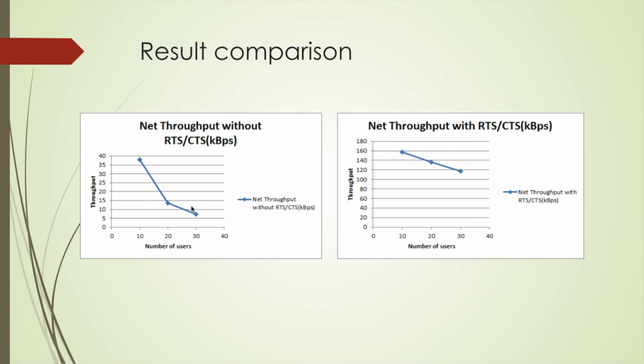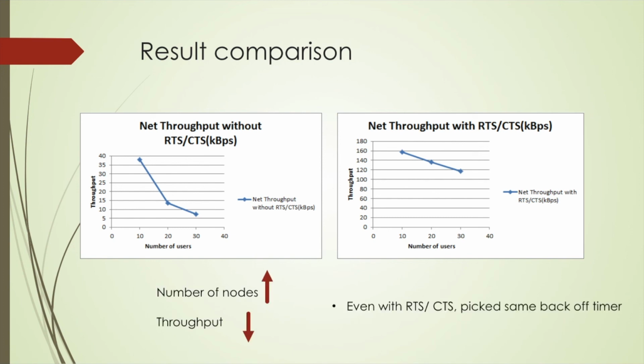Another thing we notice is that as we keep increasing the number of users, the throughput goes down significantly in both cases. So why is that again? Adding more and more nodes means that we are increasing the probability of hidden nodes even more, which will create more collisions, and eventually the throughput will go down.